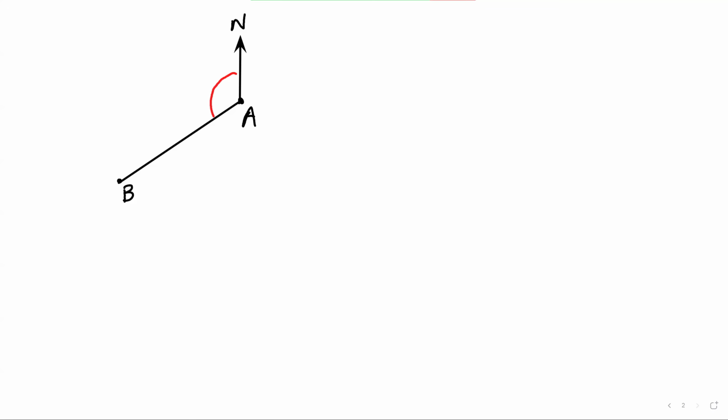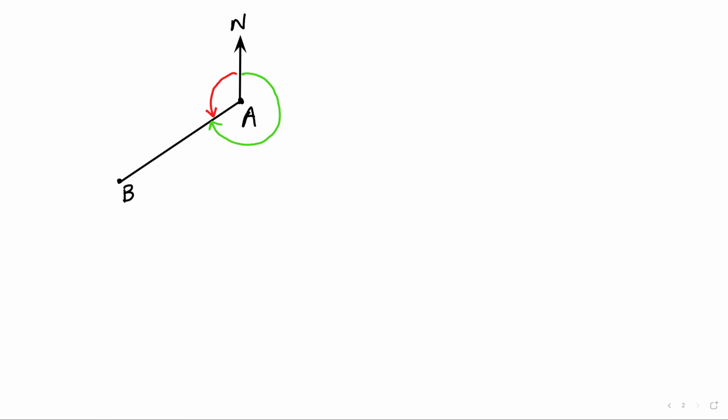And then you also have a clockwise angle on this side. Clockwise is this direction, anti-clockwise is the opposite direction, right? So your bearing here is going to be the green angle, because that's the clockwise angle between your north line at A and your line connecting A to B.